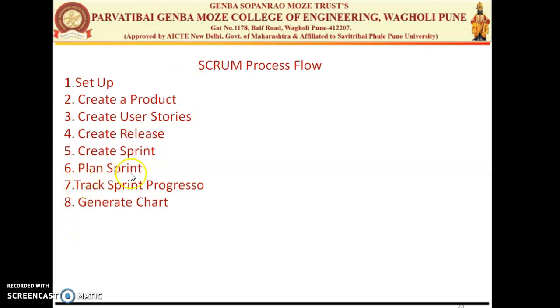The next, sixth one, is plan for the sprint. That is a planning meeting which is held for the particular sprint. The team and Scrum Master need to decide on which stories they are committed to complete in the sprint. From the various list of requirements taken from the product owner, some sorting is done, and some requirements are fetched from the product backlog and added to the sprint backlog.